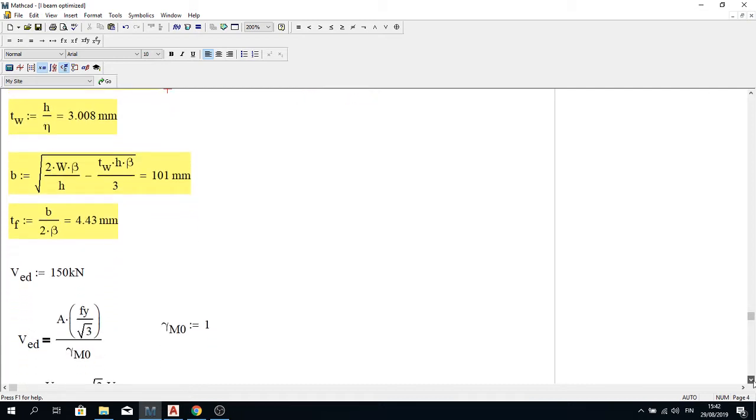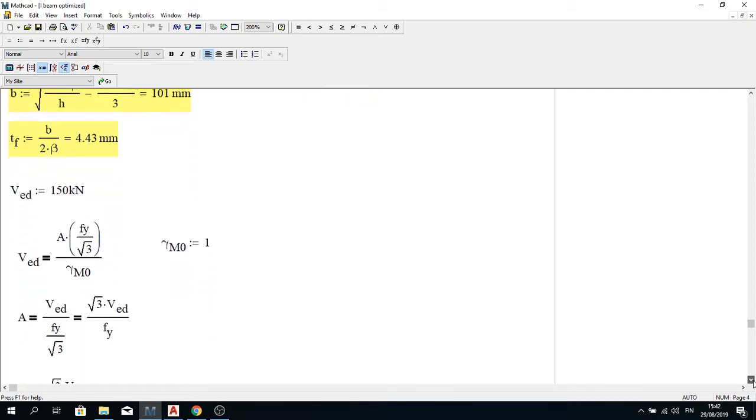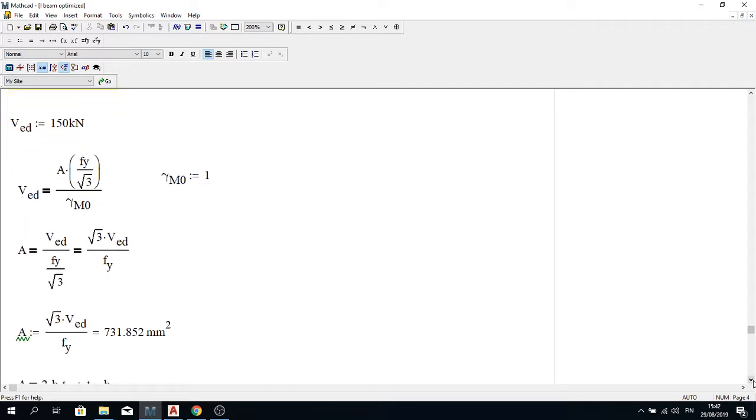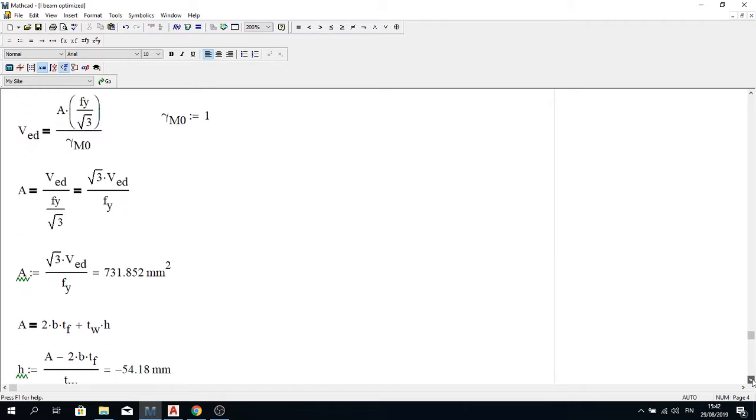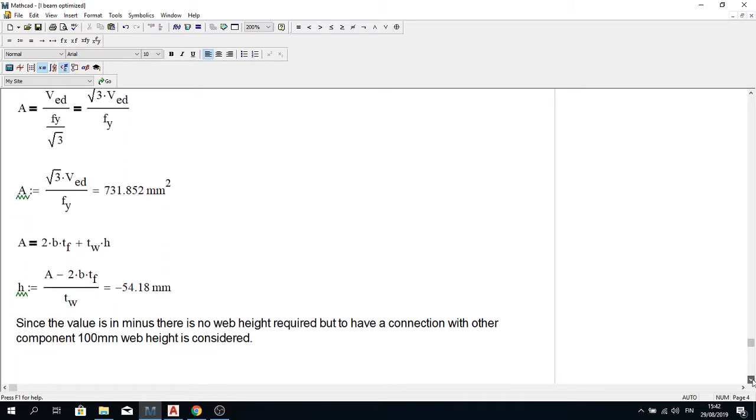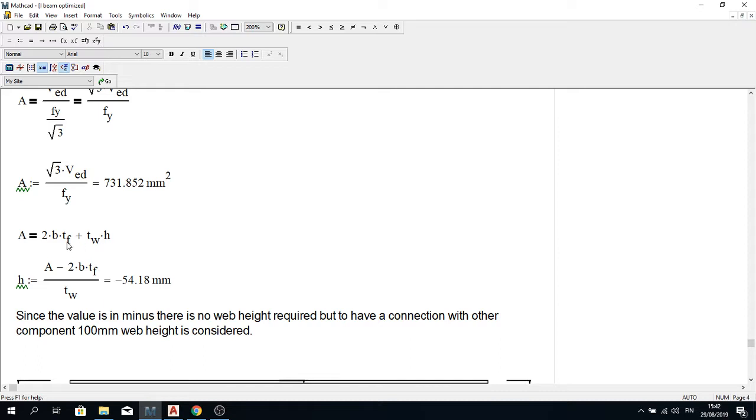And in the same example, shear force is 150 kilonewton, and since we know the shear force already, I'm trying to calculate the area here, and the area we have got is 731 millimeters square, and area is 2 times breadth times thickness of flanges plus thickness of web times height of the web.